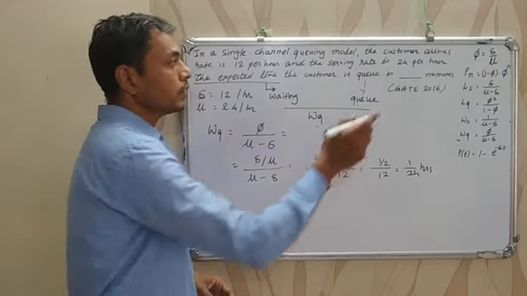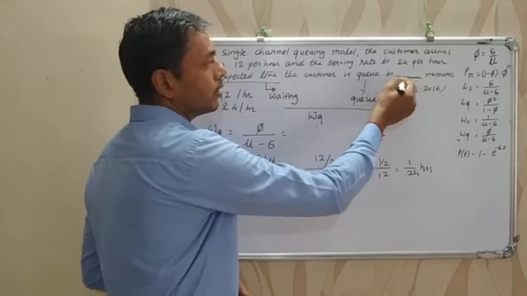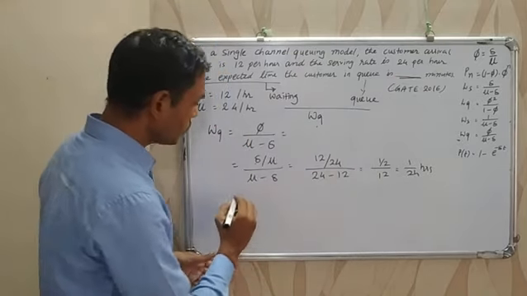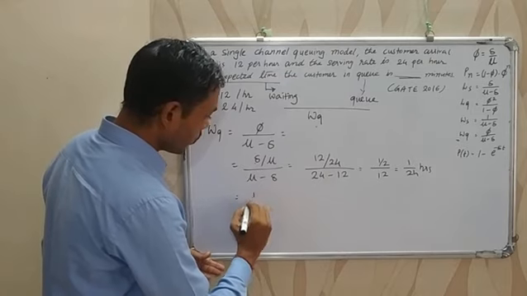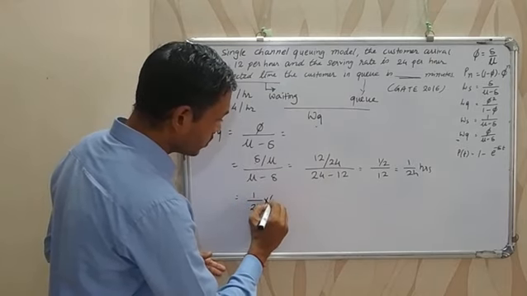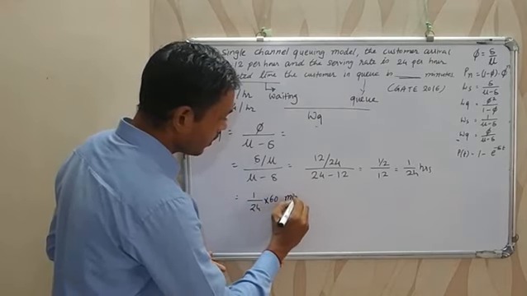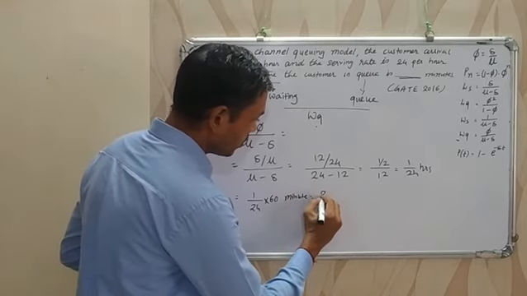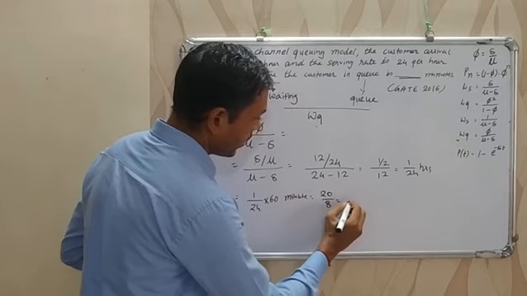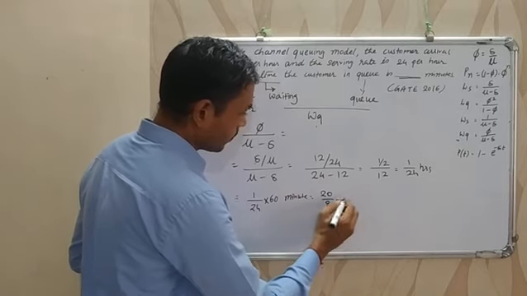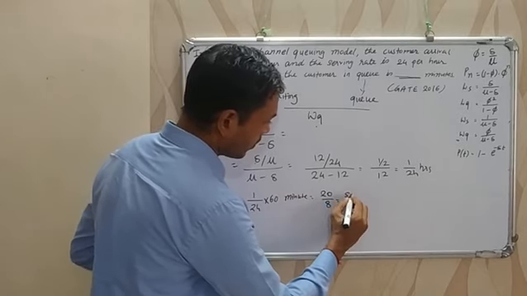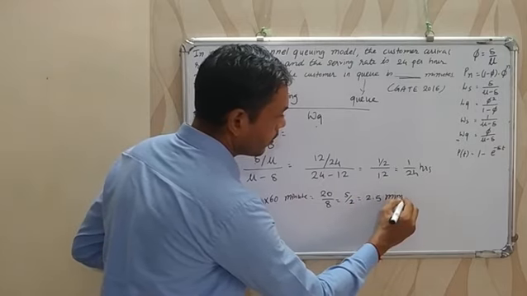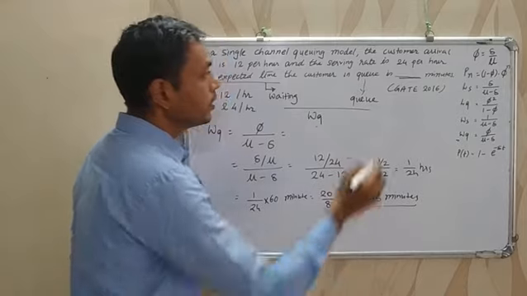The question was asked in minutes, so we have to convert this from hours. So that is 1 by 24 into 60 minutes, which is 60 by 24, 5 by 2, equal to 2.5 minutes.